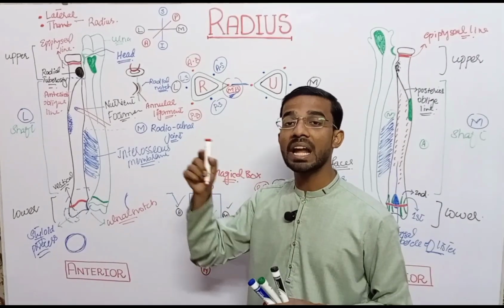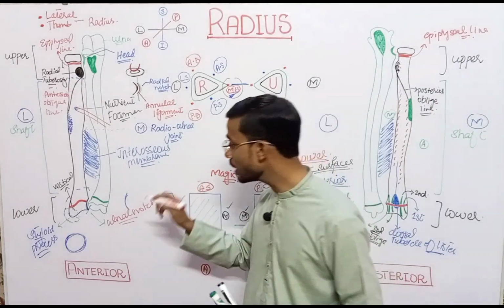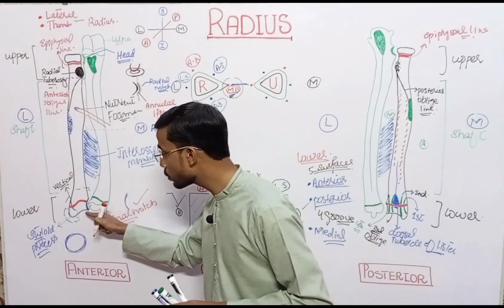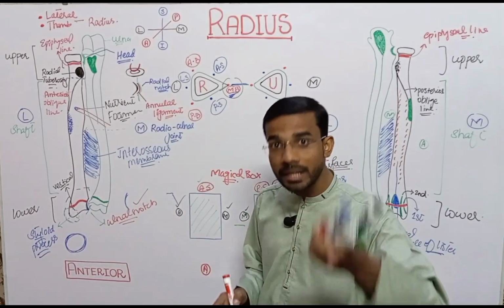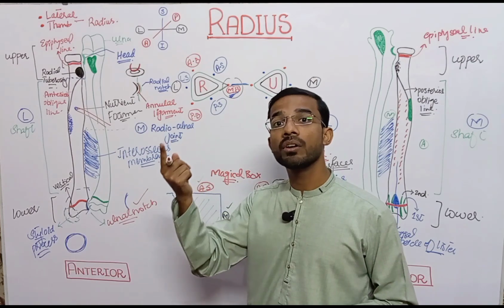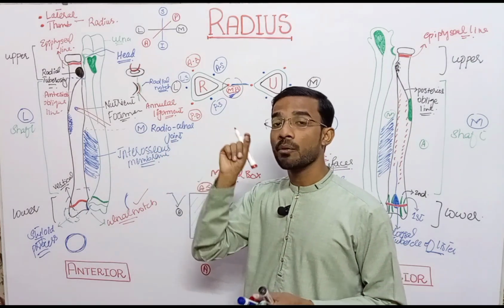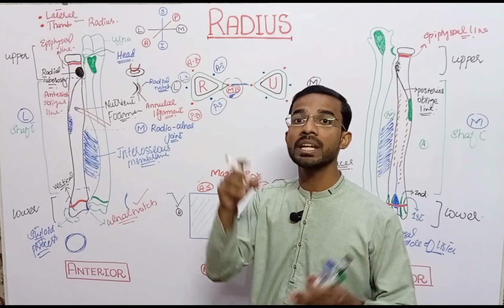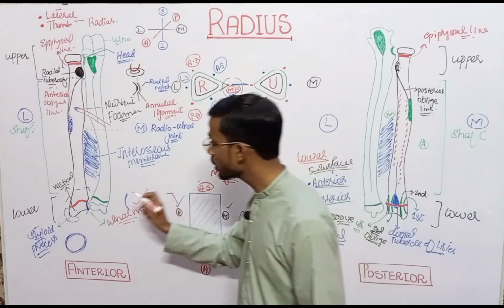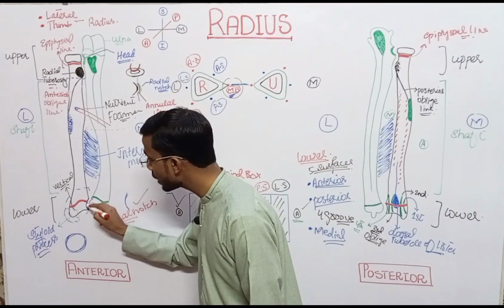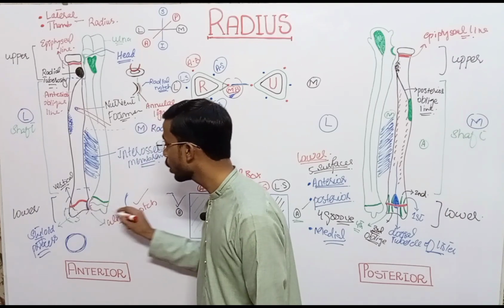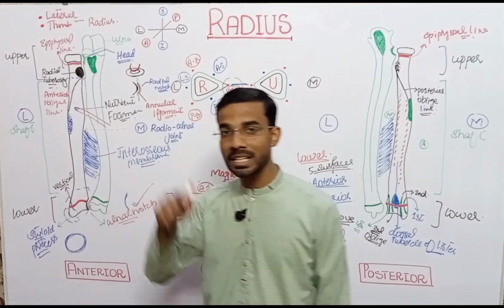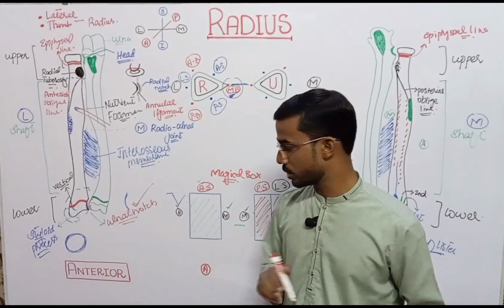Although it is present on the radius, we give the name to the notch according to the bone it accommodates. Since the ulna is accommodated in this notch, we call it the ulnar notch. So at the medial side you will see the ulnar notch.